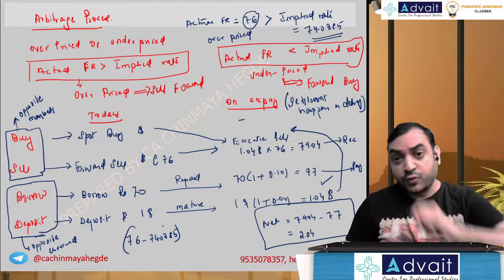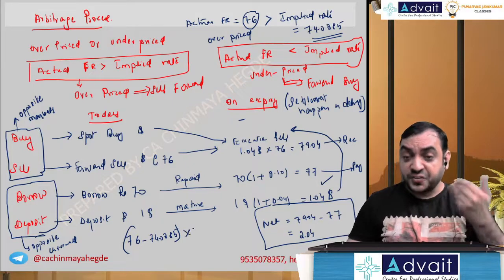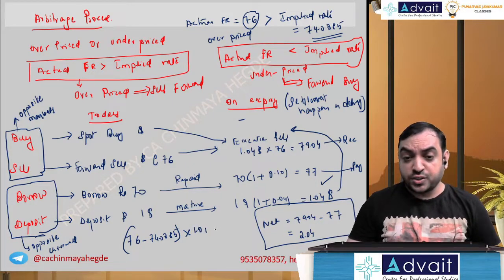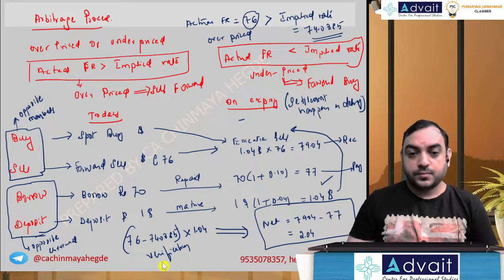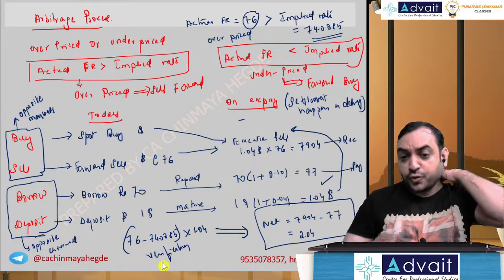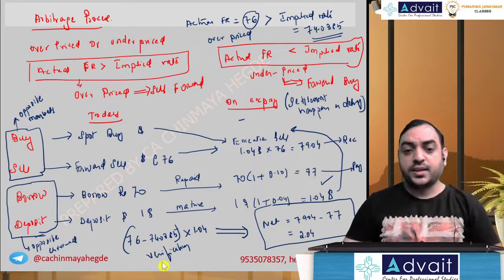This $1 will become 1.04 because of 4% interest. You can cross check, it will be equal to this. That's for your verification purpose. 76 minus 74.0385 into 1.04 gives 2.04, approximately the same number.